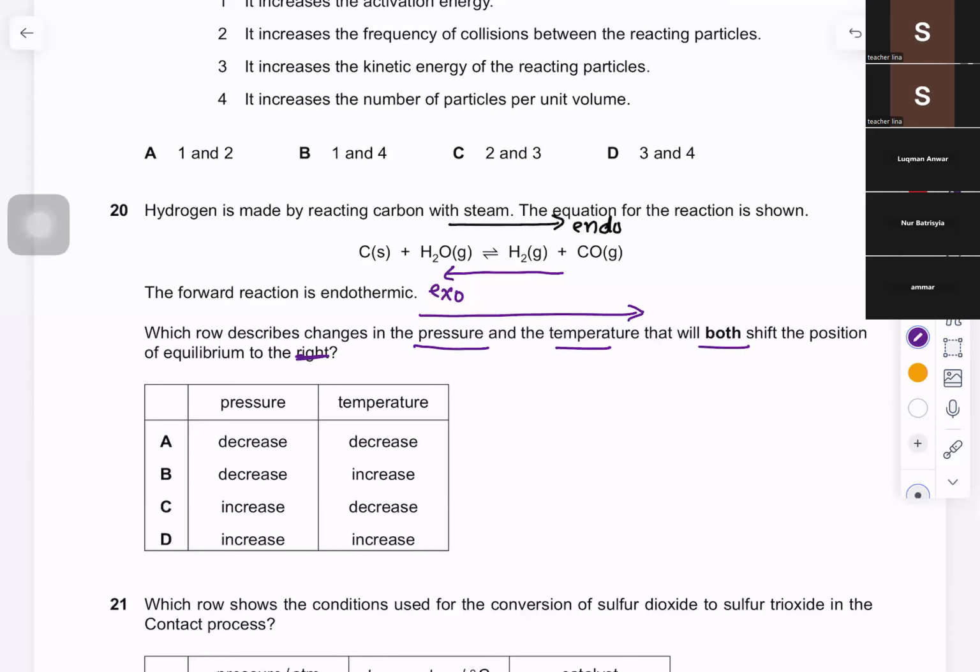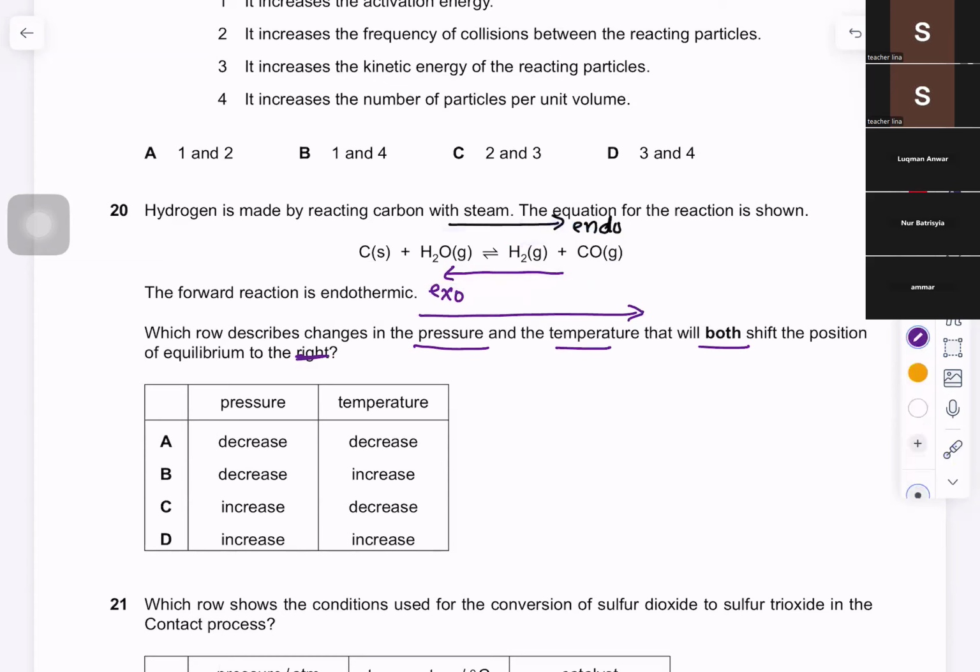Kita ulang balik. Okay. Kalau this question 20 ni, dia involve your system. Okay, dia involve your system. Sekarang ni your system ni, right, kita tak tahu. Kita nak shift to the right. Kita nak make sure dia jadi shift to the right. So dia produce more H2 dengan CO. So kita nak endo. Okay.